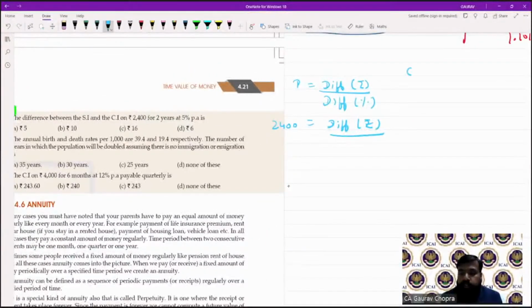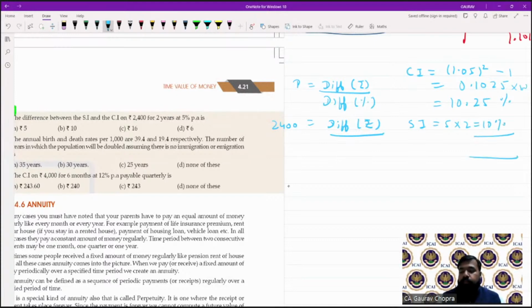So for compound interest 1.05 to the power of 2. So how much we are getting? Minus 1. So it will be 0.1025, or multiply with 100, it will be 10.25%. Whereas for simple interest, 5 for 1 year and for 2 year it will be 10%.